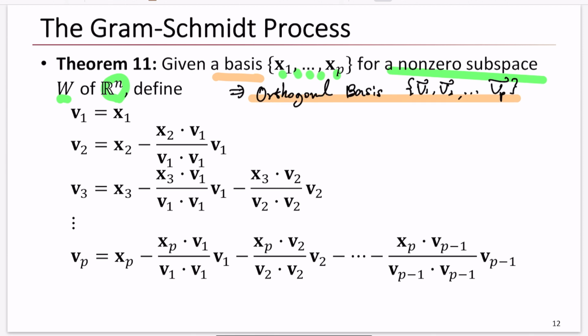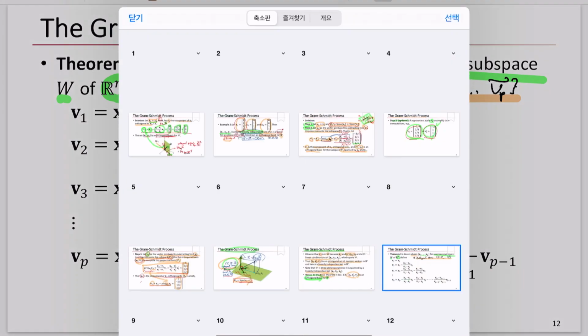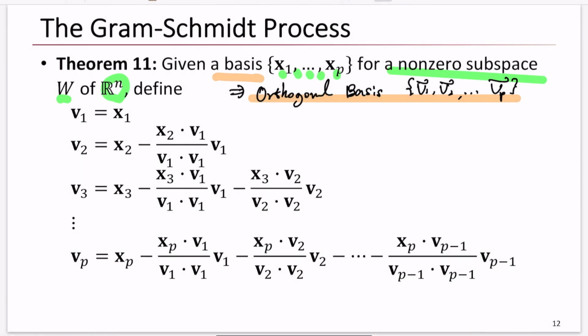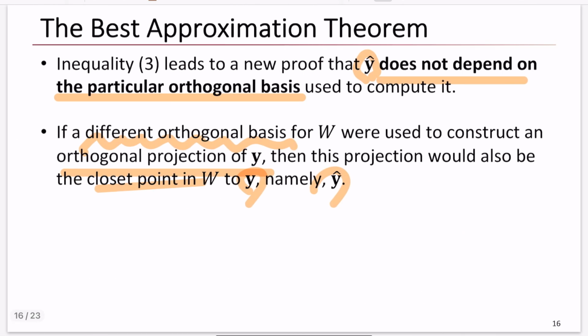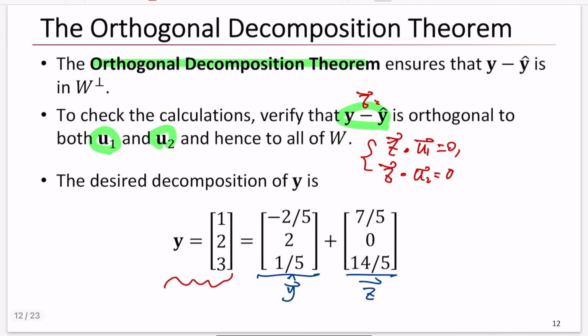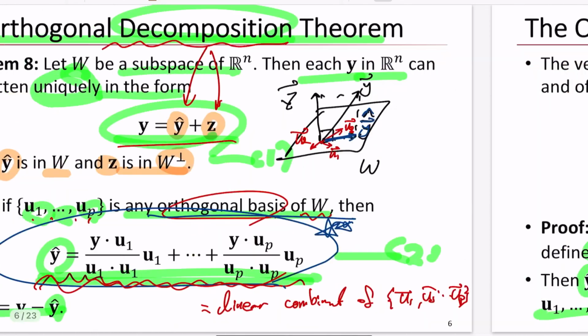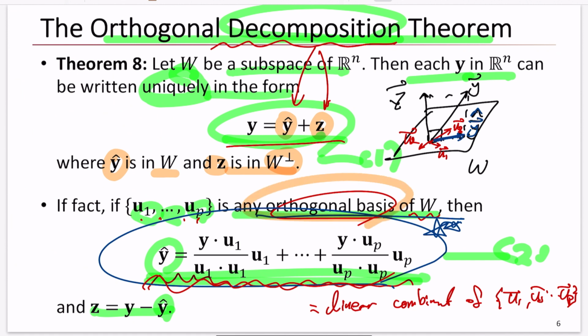Then we can do so many kinds of things. There are many kinds of applications. For example, in lecture 9, if you have an orthogonal basis, you can easily find the projection of y onto the W subspace, and so on.